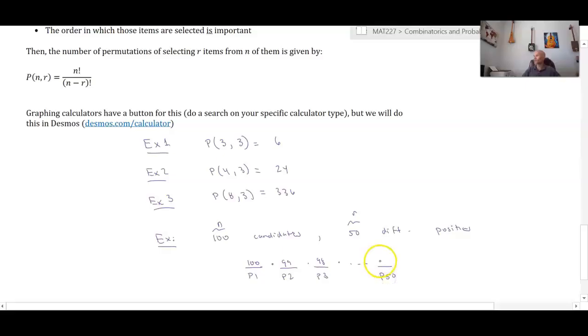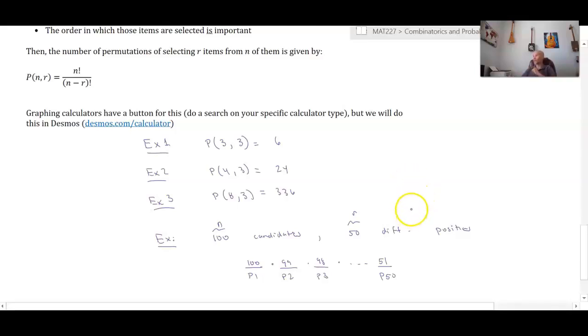Person 50, which, by the way, this is not going to be 50. This is going to be 51, because think about not counting at 99. You're not going 99, 98, 97, 96. You're going 100, 99, 98. And so that will get you down to 51.